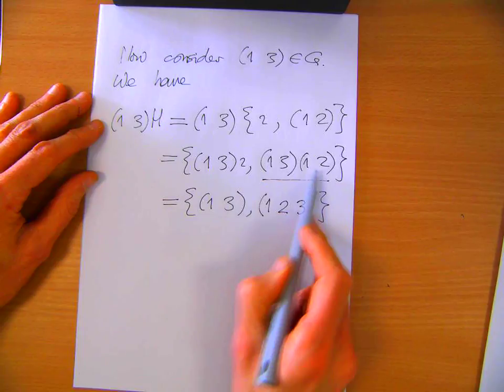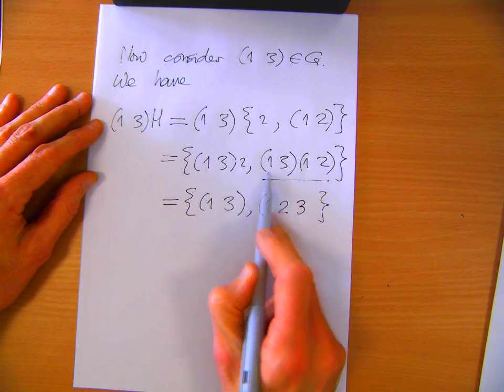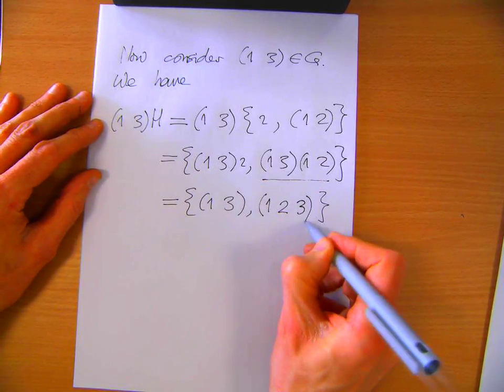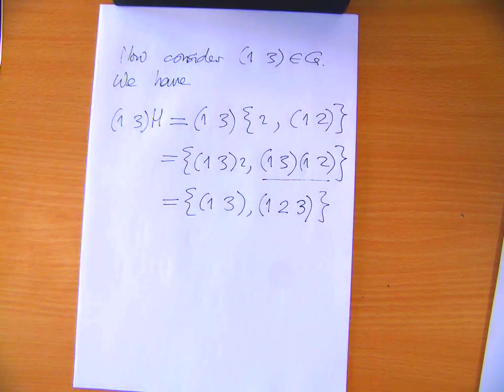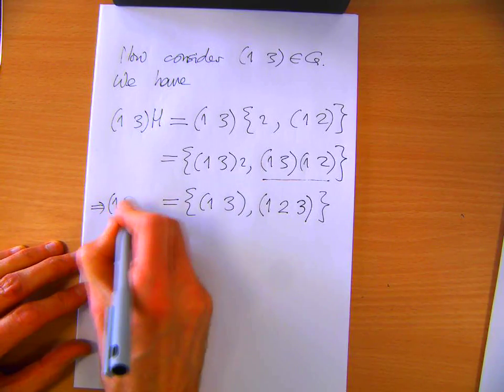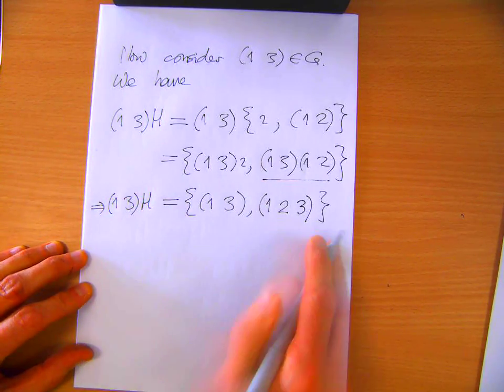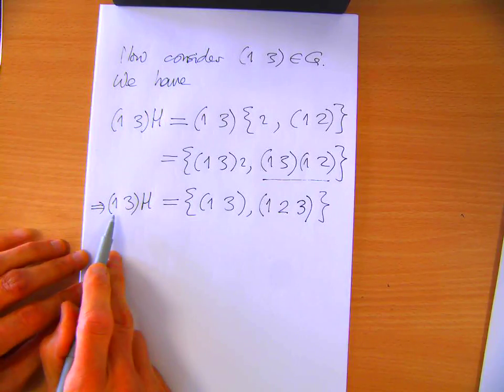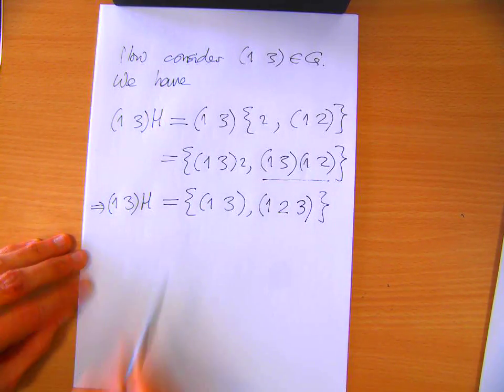Where does 3 go? The one on the right fixes 3, and the one on the left sends 3 to 1. So (1 3) times (1 2) is (1 2 3). So we get those two elements. That's a subset of G, which in fact is the coset (1 3)H.